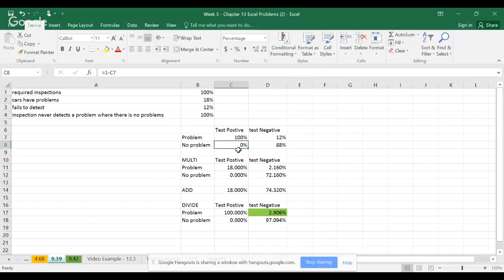So that's why this one's 0. If it tests negative, there's still a problem 12% of the time.